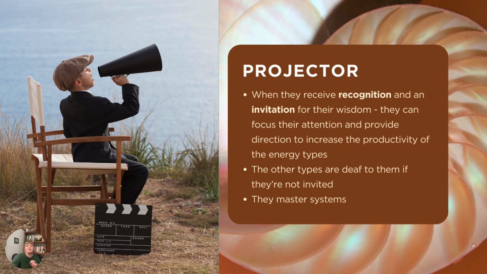So just for that to notice, again, with the experimenting, with understanding of definition and then understanding the strategy or the inner authority, then the strategy of recognition and invitation, you then get to play in the world and work out how that feels and what it looks like, and how you can start to notice when you do get a recognition and you do get an invitation, and how that feels and how successful that feels.